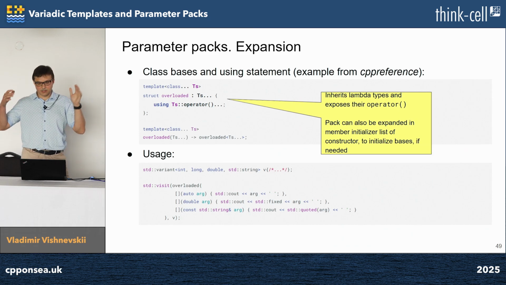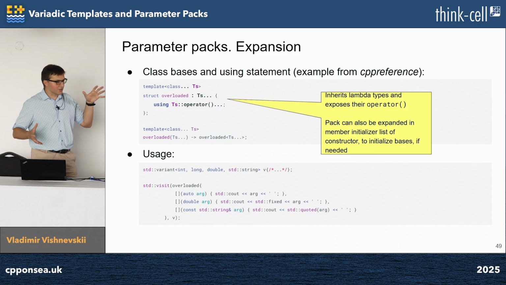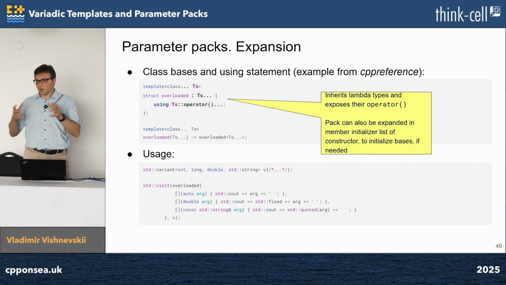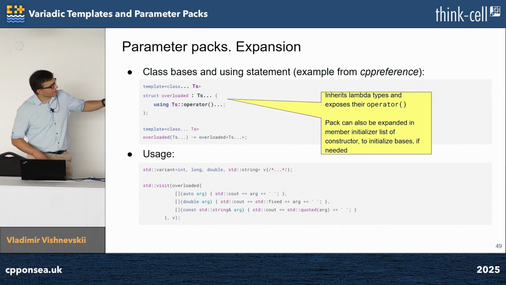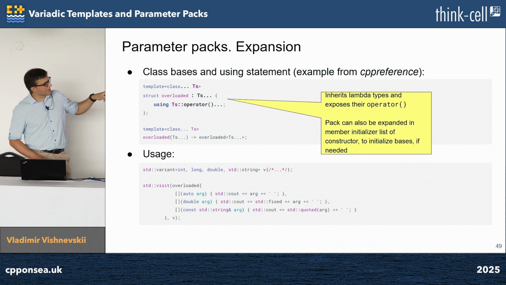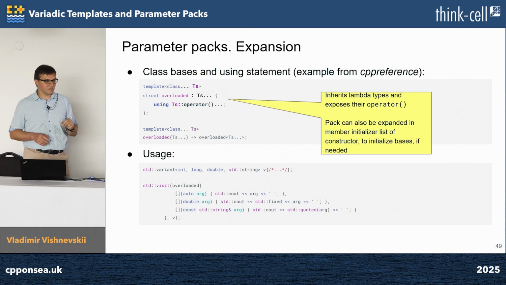That means that when this is called within the visit function, the corresponding call operator will be called. So it just aggregates several lambdas into one object, which is quite convenient. Also, it is possible to initialize bases by expanding the names of the bases in the member initializer list, although it's not present in this example.